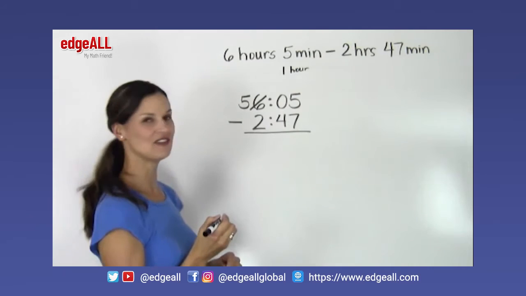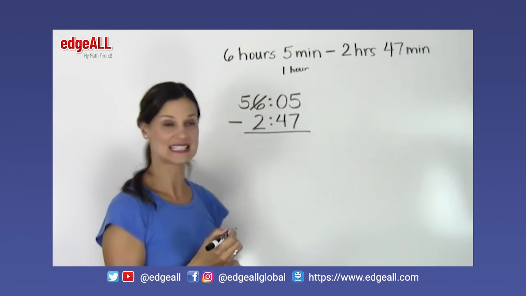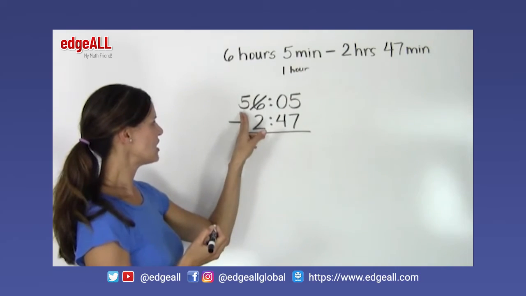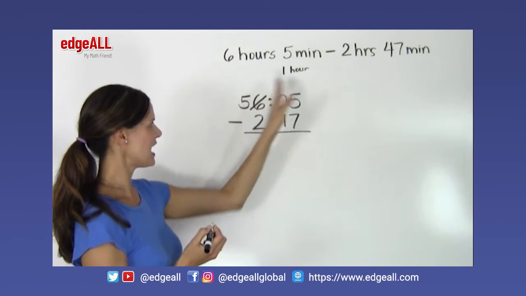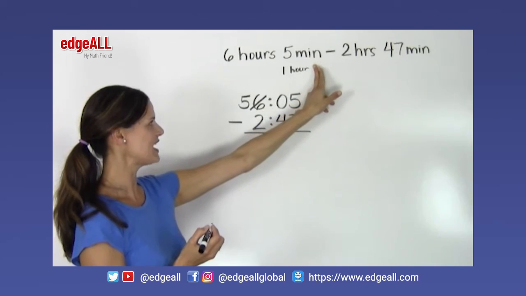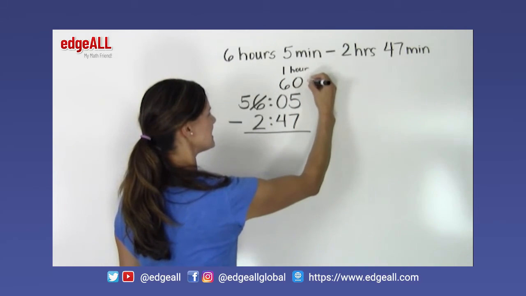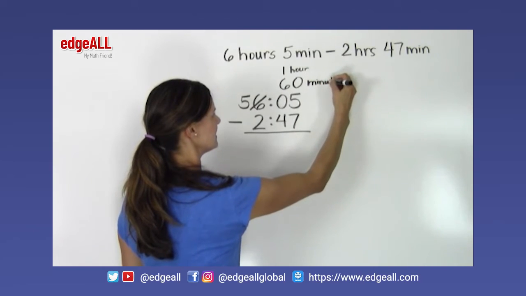But I want to convert that 1 hour to minutes, because I've now moved it over to the minutes column. So I leave my 5 hours here, and I move over here, and I take the 1 hour that I borrowed, and I convert it to minutes. It's 60 minutes.